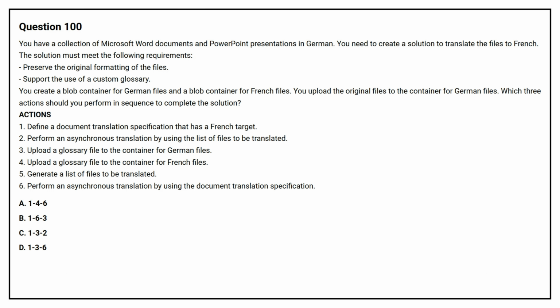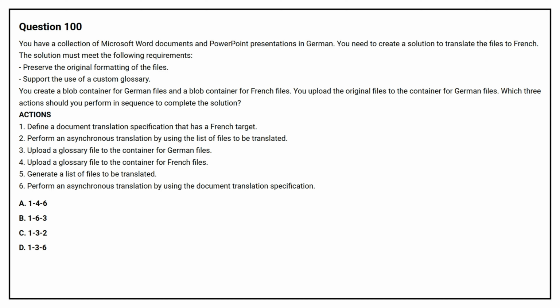Question number 100. You have a collection of Microsoft Word documents and PowerPoint presentations in German. You need to create a solution to translate the files to French. The solution must meet the following requirements. Preserve the original formatting of the files.